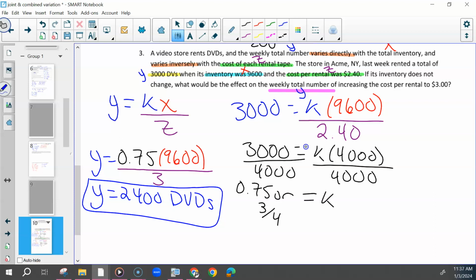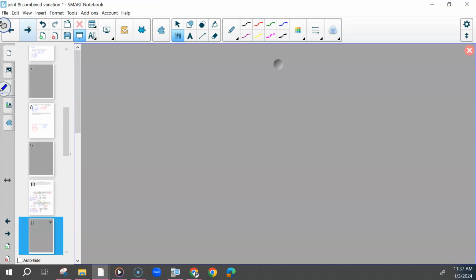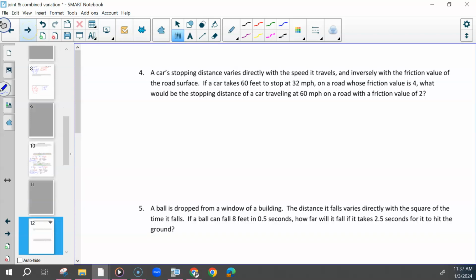The remaining problems: 4 is like the 2 we just did, so we're going to do that one. 5 is different, and 6 is similar to the ones we just did. So we'll do 5. And then I'll see if we can find the jointly word problem, and then we'll be done.